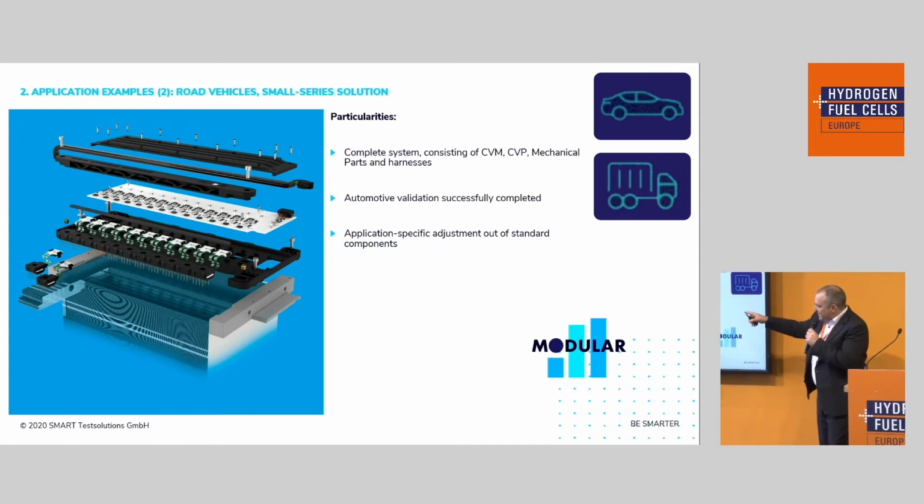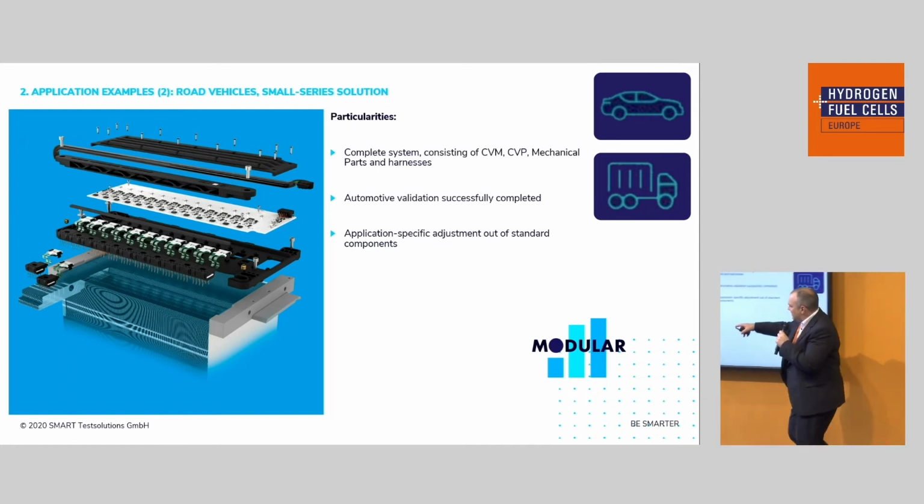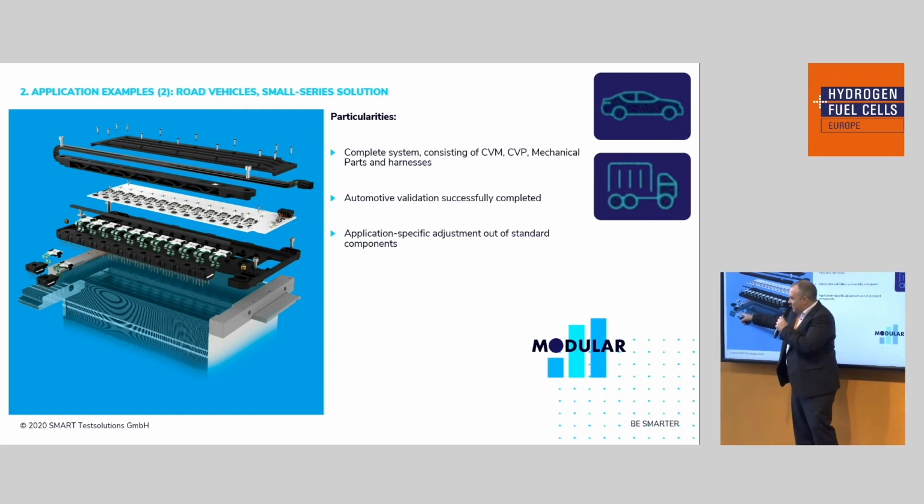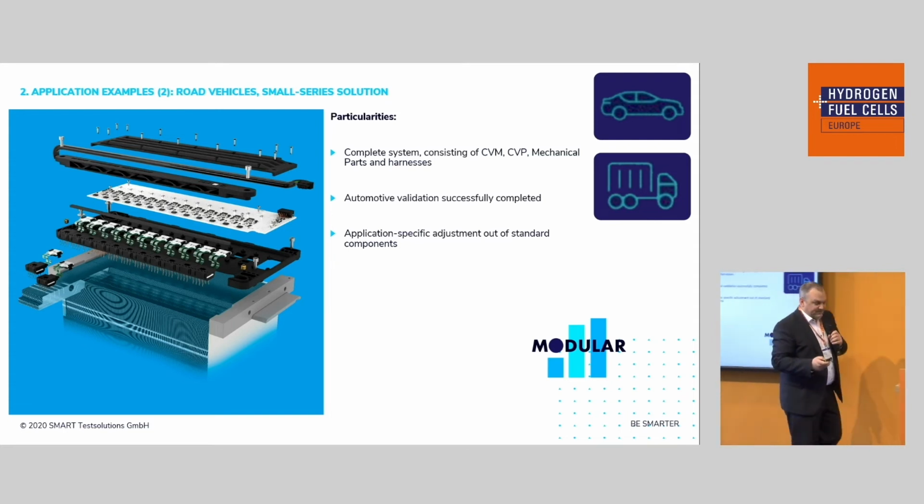The cell voltage pickups here are the small connectors that are in front of the CVM. Everything is covered by mechanical components for fastening it at a stack, giving the length tolerances and so on. And the CVPs go into pinholes within the bipolar plates, and everything is mounted. And here you see the connection cable to the outer world of the stack compartment.